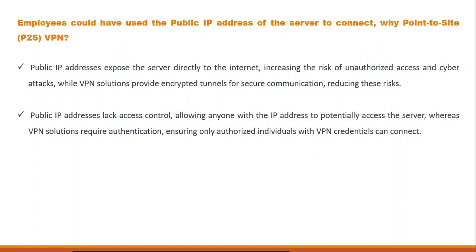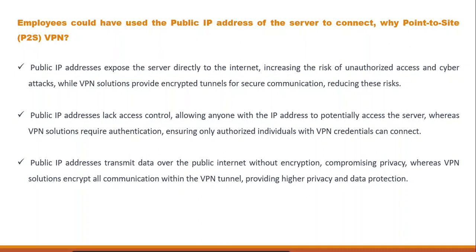By the time you start using it, it will require authentication just to ensure that only authorized individuals with VPN credentials can connect. Addresses transmit data over the public internet without encryption, compromising privacy. Whereas VPN solution will help you to encrypt all communication within the VPN tunnel, providing higher privacy and data protection.